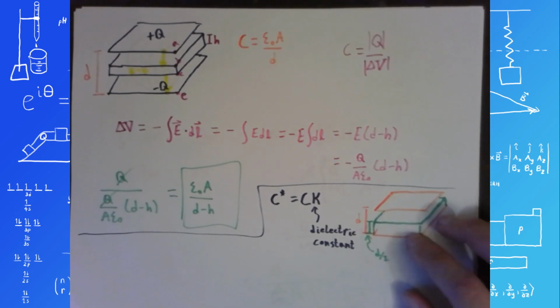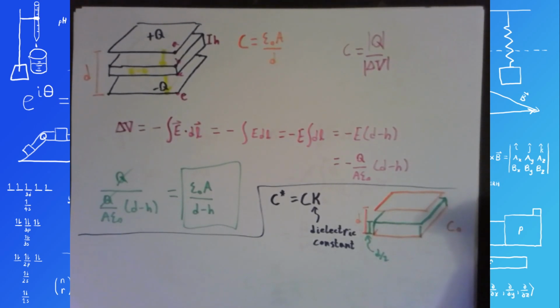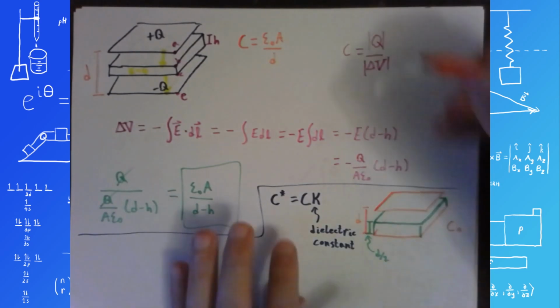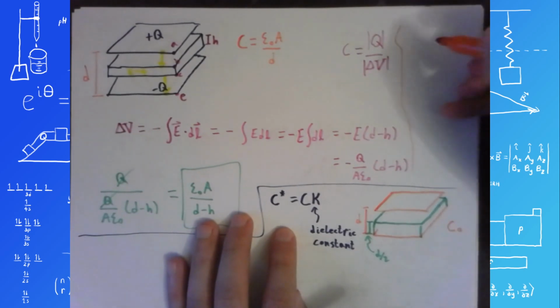Essentially, the trick to solving something like this is to treat it like a pair of capacitors that are connected to each other in series. Maybe I can draw it in the space over here.